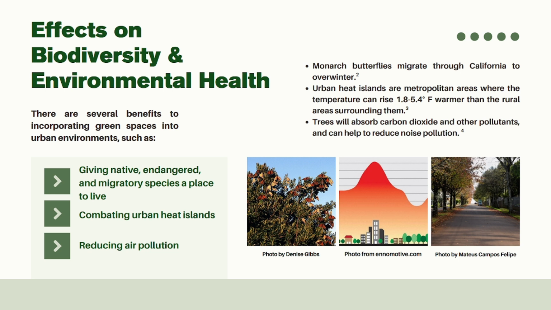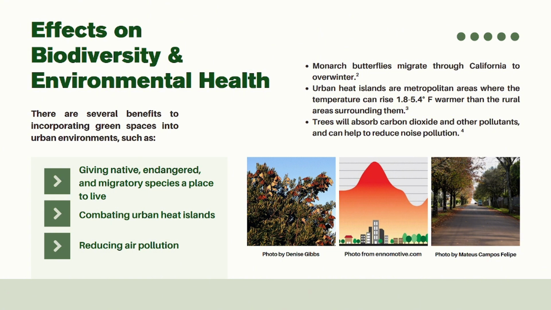So to touch on the native, endangered, and migratory species part, I wanted to talk about monarch butterflies, because monarch butterflies migrate through California to overwinter. They rely on certain plants, milkweed, for food as they go by. And having these green spaces in cities is extremely important.